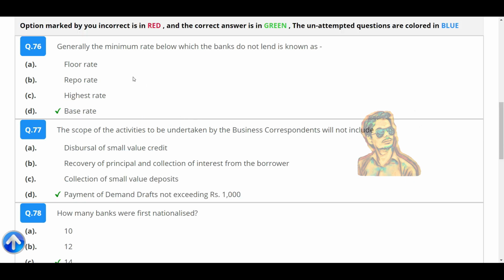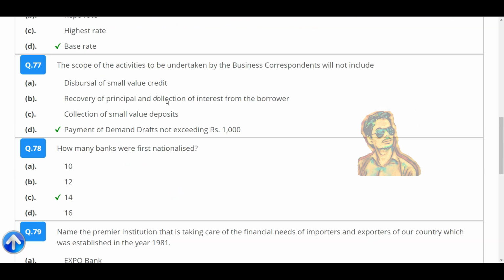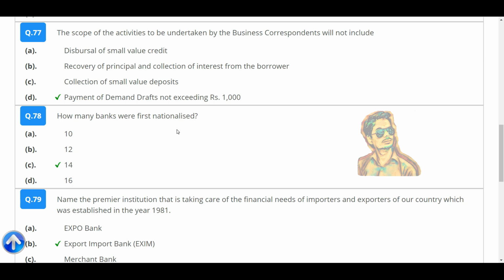Generally, the minimum rate below which the banks do not lend is known as base rate. The scope of the activities to be undertaken by the business correspondents will not include payment of demand drafts not exceeding 1000 rupees. How many banks were first nationalized? 14.